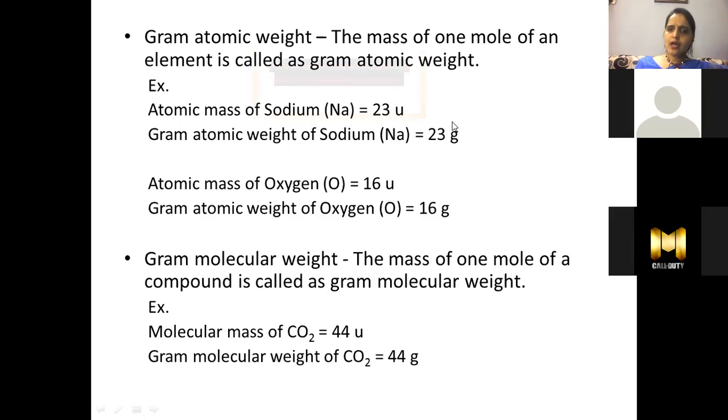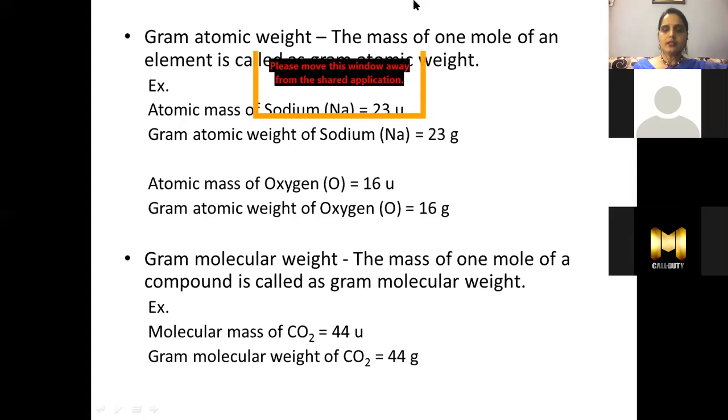Now, do you know how we calculate molecular mass? Do you remember how we calculate the molecular mass of carbon dioxide? Just a minute, we'll quickly solve it once and then come back to the slideshow.